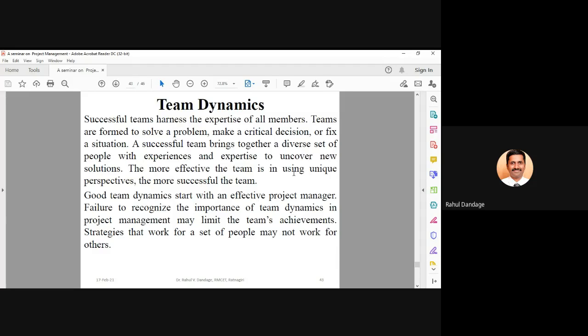A successful team brings together a diverse set of people with experience and expertise to uncover new solutions. It is not a team from a single domain or with the same set of expertise.